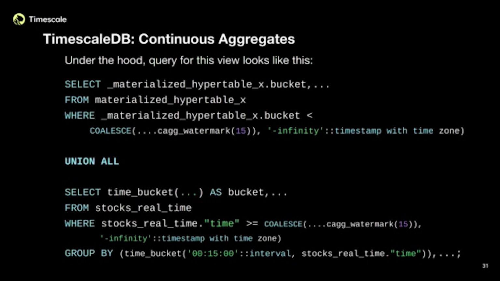After the watermark, we read the data from the original hypertable, and in the past, the already aggregated and materialized data. This gives us a notion of real-time aggregation. It means that new data that are inserted into the original hypertable will be available in our continuous aggregate, because of this architecture that we implemented in TimescaleDB.